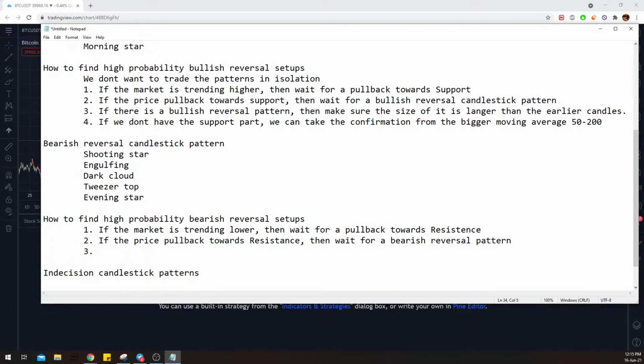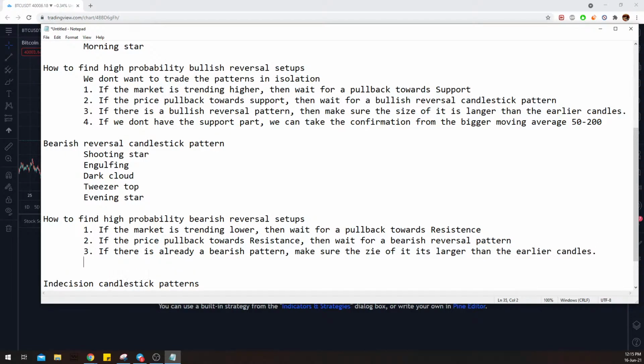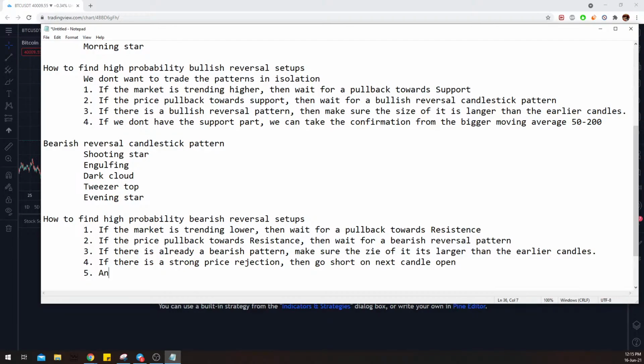Third, if there is already a pattern, make sure the size of it is larger than the earlier candles. 4. If there is a strong price rejection, then go short on next candle open. 5. And vice versa for long setups.